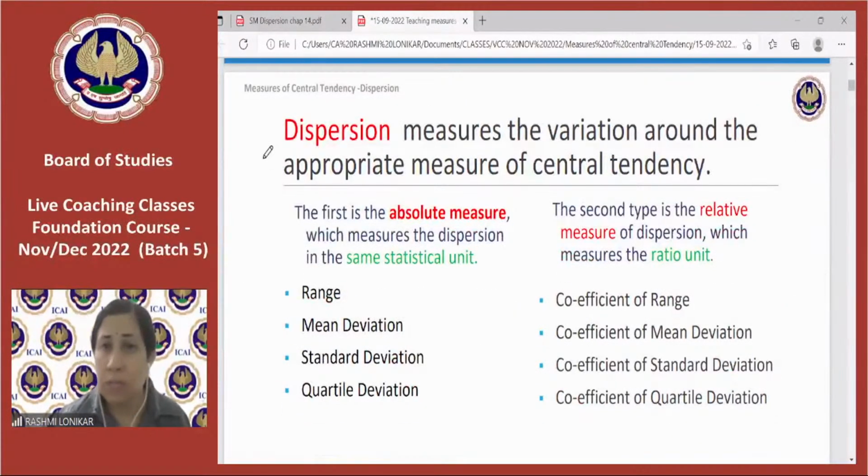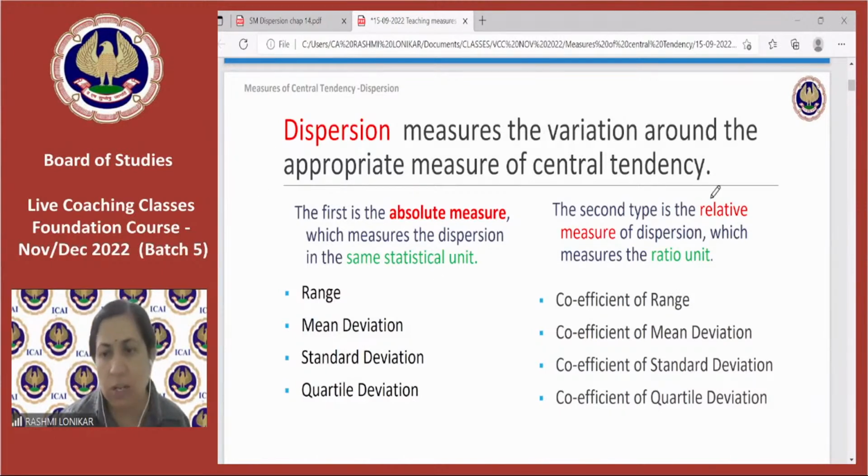Now, how do I measure this dispersion? It measures the variation of the data around one of the measures of central tendency, like we will find dispersion around the mean or around the median. There are two types of measures: the absolute measure and the relative measure.